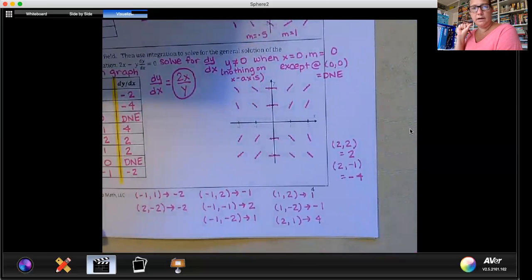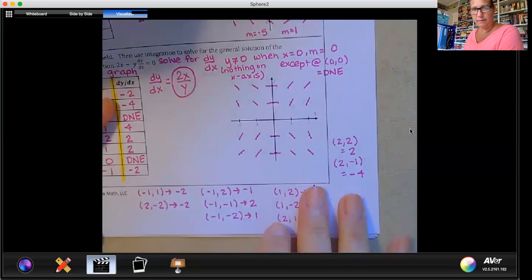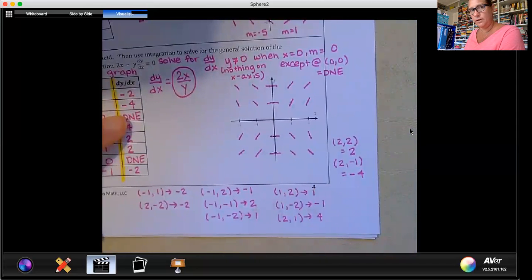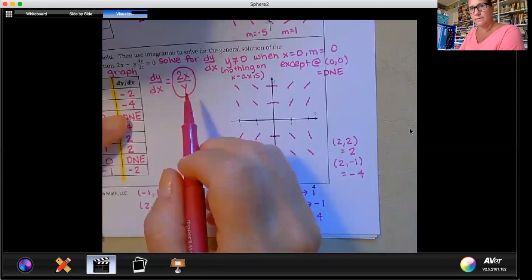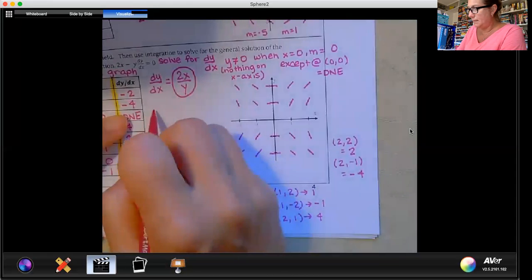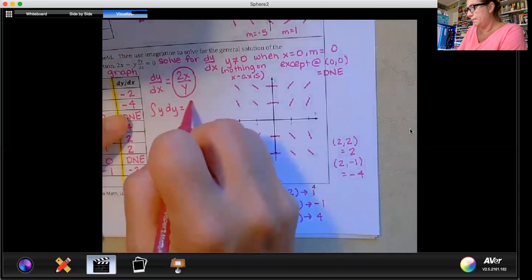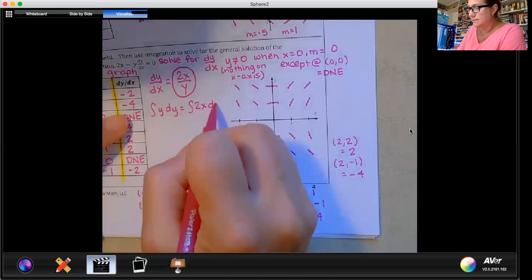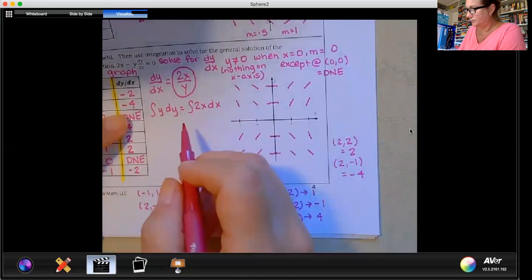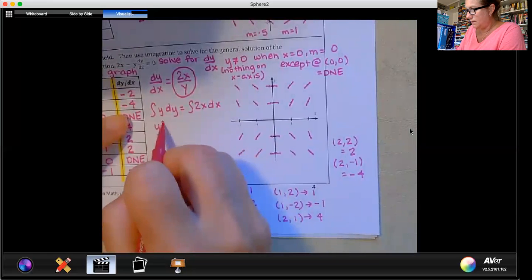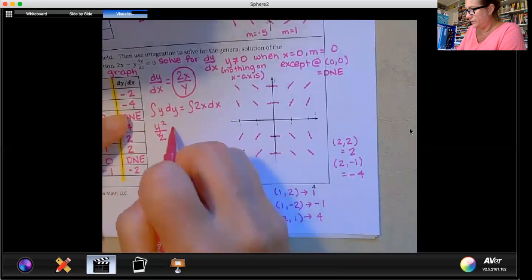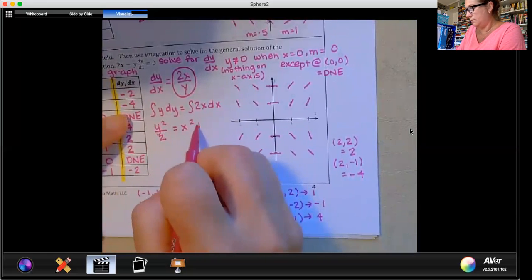Now, if we were going to create our differential equation here, I'm going to give you a preview of what we're going to do next. You have to do what's called separation of variables. So what would happen here is we would say y dy equals 2x dx. So this is y squared over 2 equals x squared plus c.